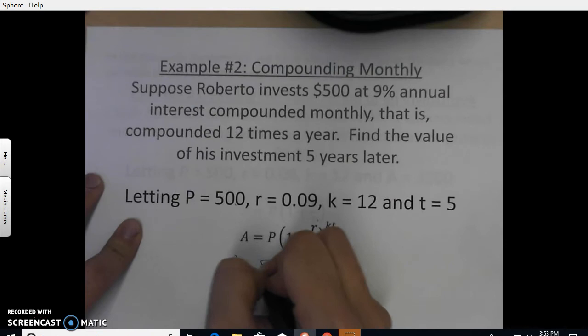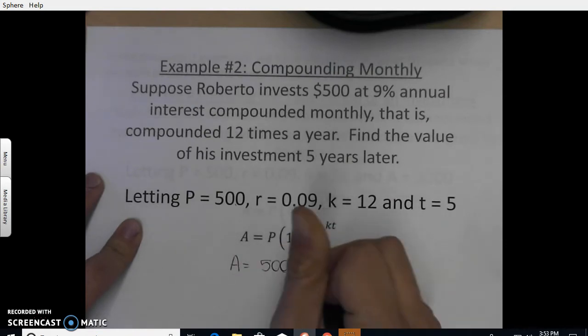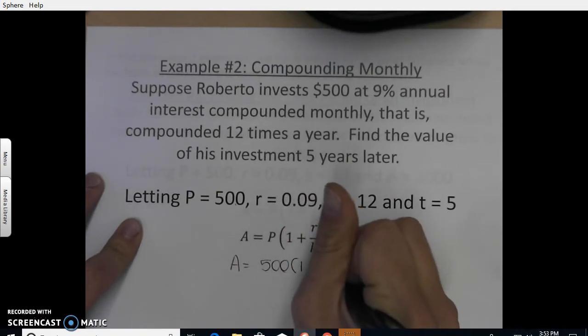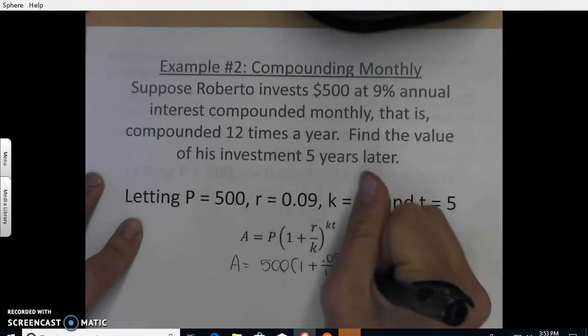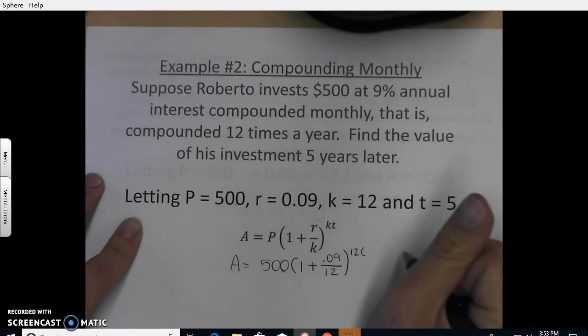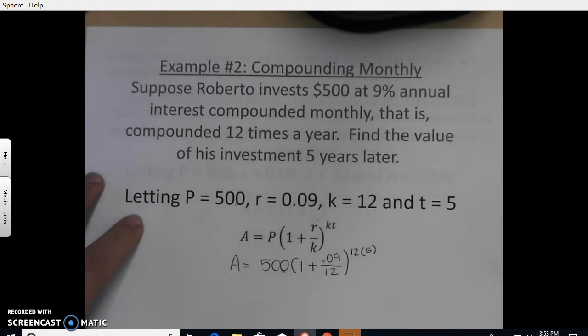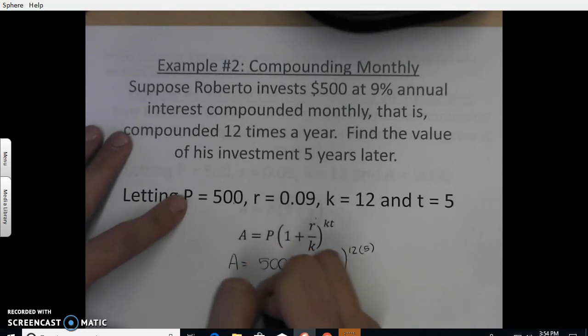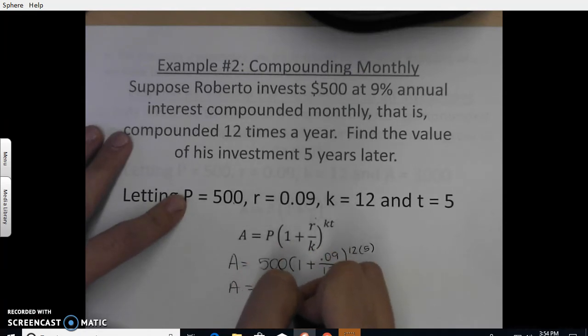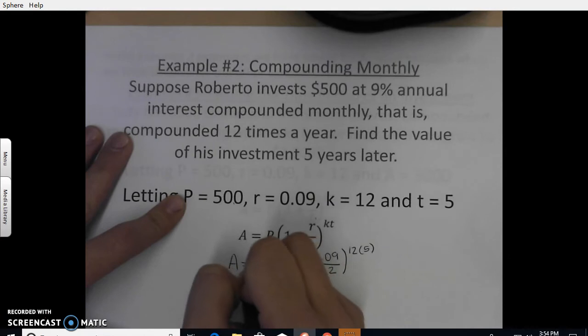A is equal to 500 times 1 plus 0.09 over 12 to the 12 times 5 power. So I'm going to do 0.09 divided by 12 plus 1 raised to the 60th power times 500, and I get A is equal to $782.84.